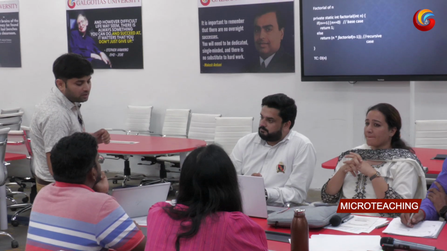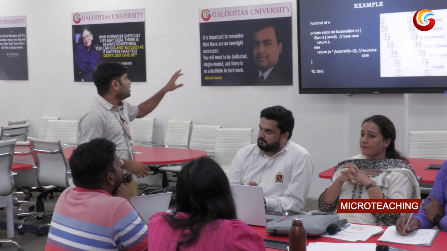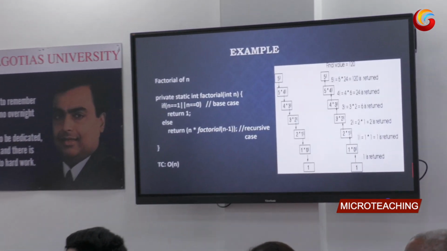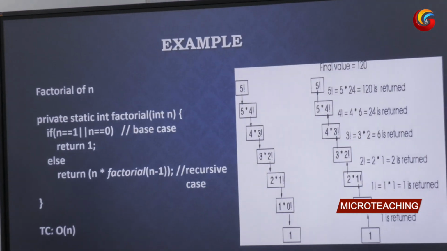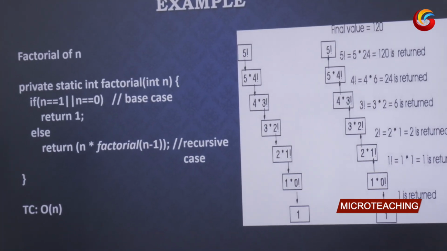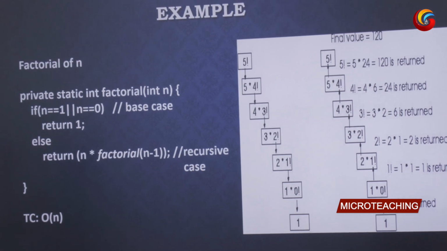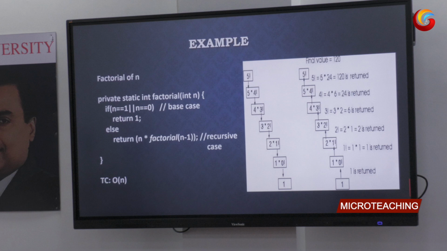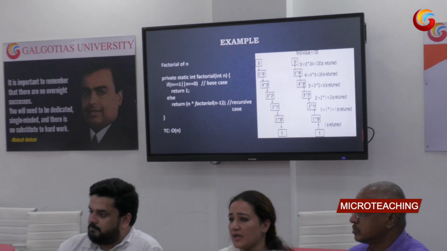We are taking one example here, calculating the factorial of any number. What is the base condition here? When the value of n is 1 or 0, you return 1, because the factorial of 0 is 1 and of 1 is 1. And what is the recursive condition here? n multiplied by factorial of n minus 1.